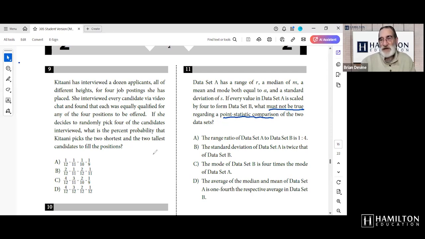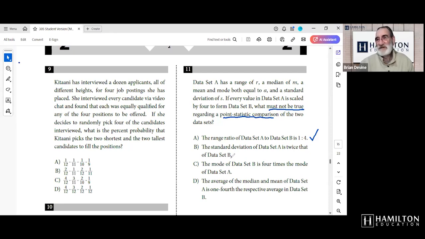Well, similar to problems that we had earlier, if I take some data set A and I multiply every data point by some number, here by 4, what's going to happen is that the range is going to expand by a scaling of 4. So A is true. The standard deviation of data set A is twice the standard deviation of data set B. That's not necessarily true.